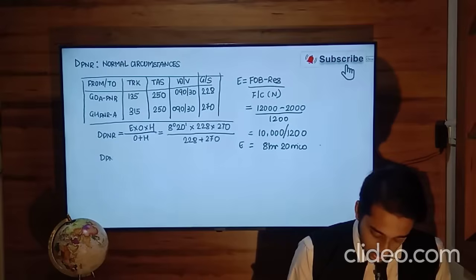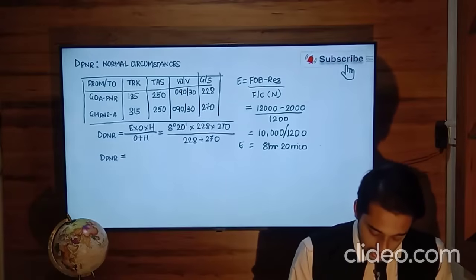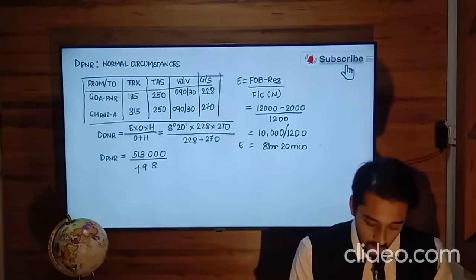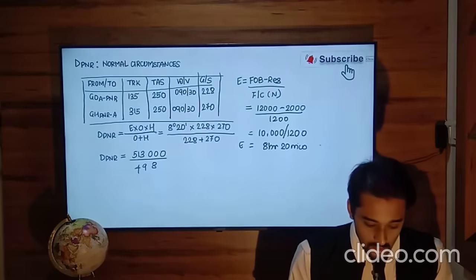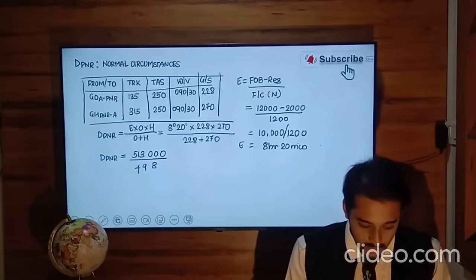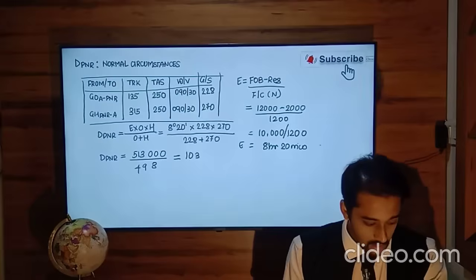Distance to PNR will be equal to 8 hours 20 minutes into 228 into 270 divided by 498, that is 1030 nautical miles.